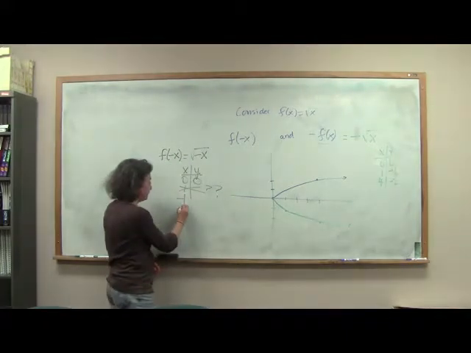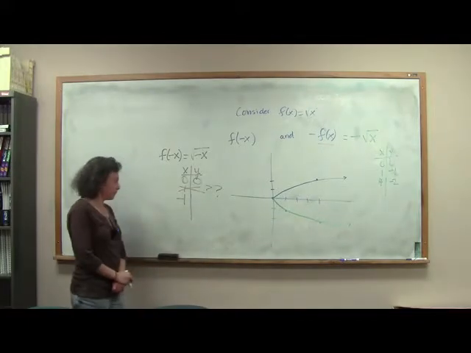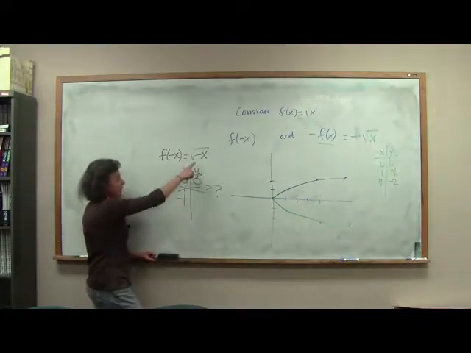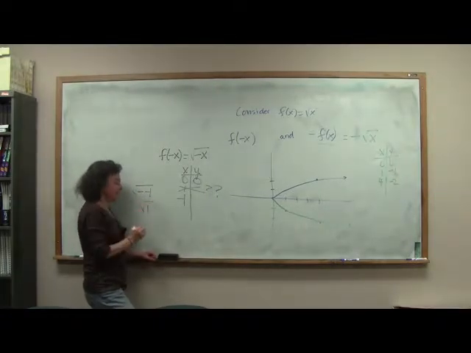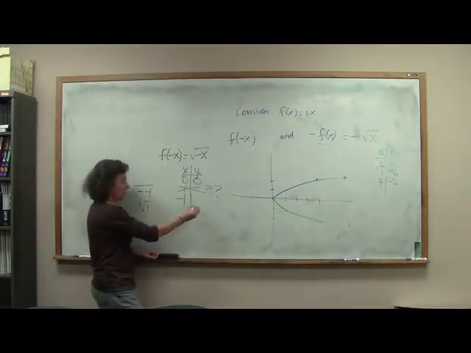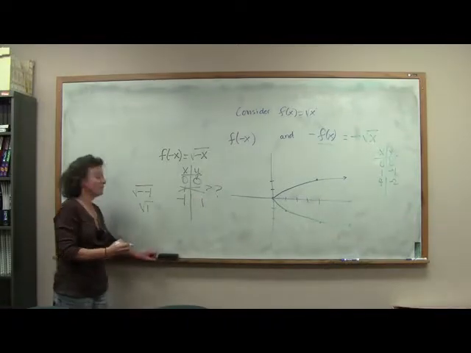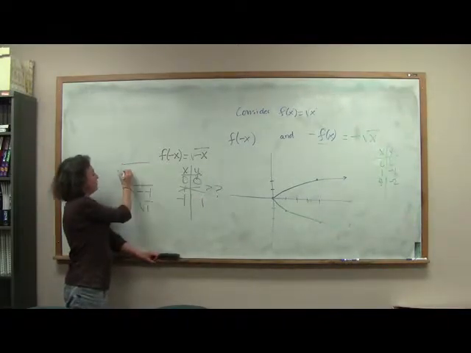So let's see if we can plug in negatives here. If I plug in negative 1, I'm taking the square root. I've got this negative sign, and for x, I'm plugging in negative 1. Well, negative times the negative is a positive. What's the square root of 1? 1. You see how the same thing happens if I plug in negative 4?